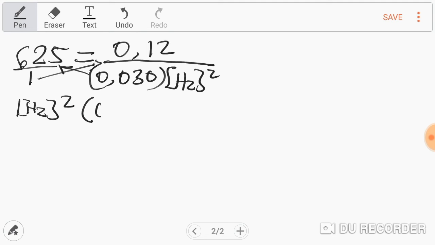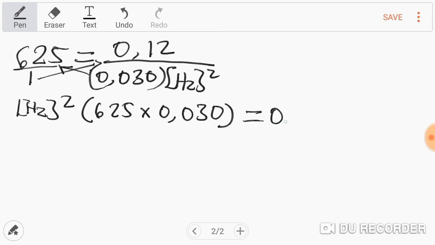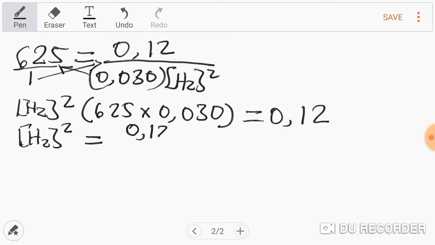And then 625 multiplied by 0.030, which is equal to 0.12. So we'll be left with H2 cubed, which is equal to 0.12.